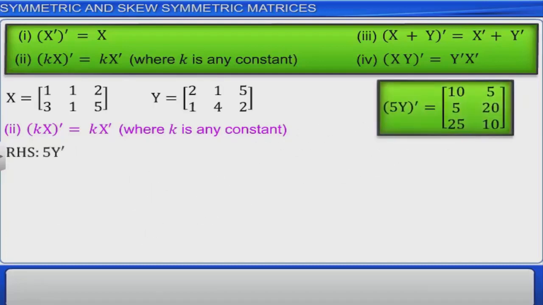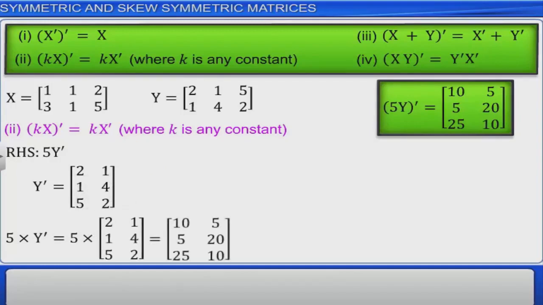Now, we find the right-hand side by taking the transpose of Y. Then, we multiply this matrix by 5. You can observe that the left-hand side is equal to the right-hand side.